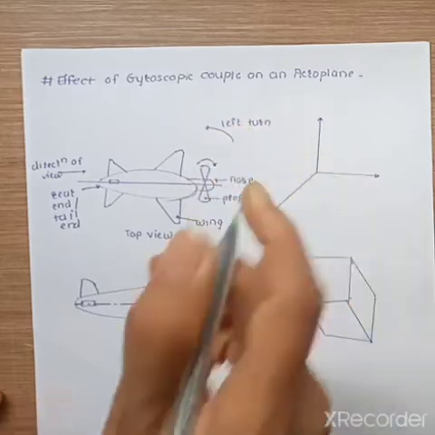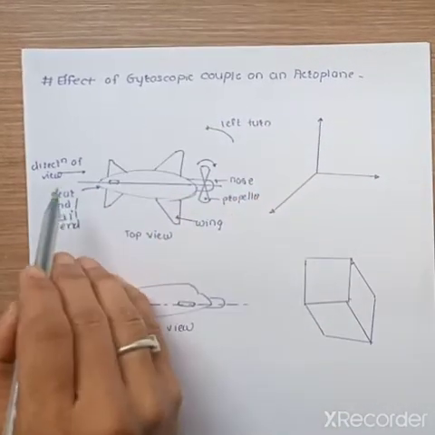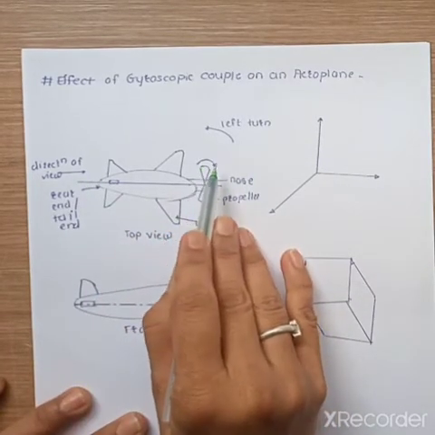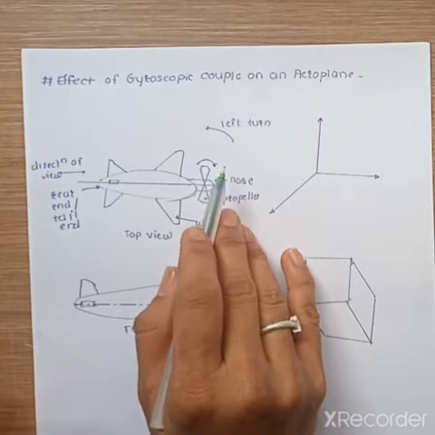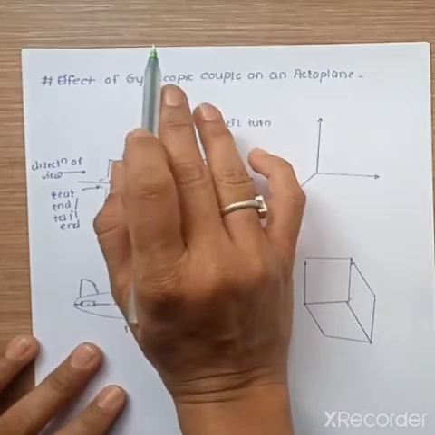Okay, this is the primary problem here. We are viewing an aeroplane from its rear or tail end, and the engine or propeller is rotating in clockwise direction, and in this situation our plane is taking a left turn.